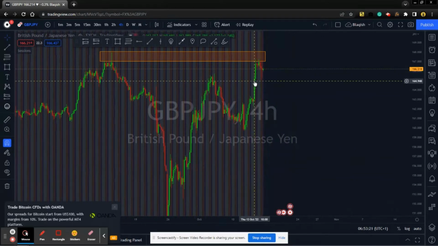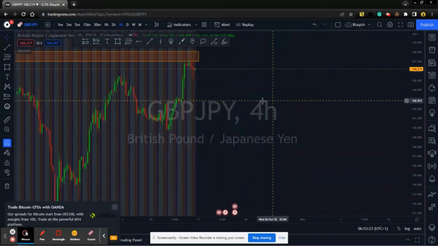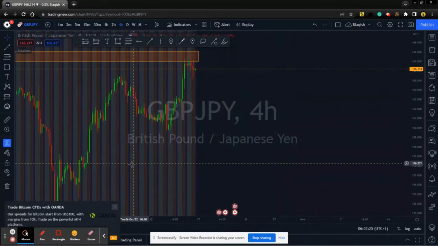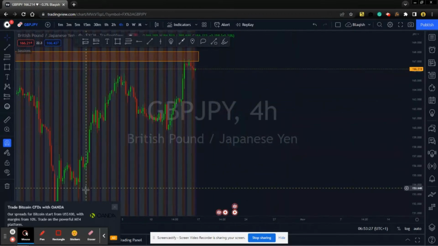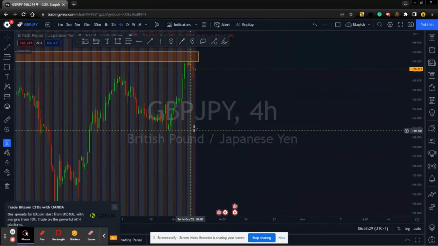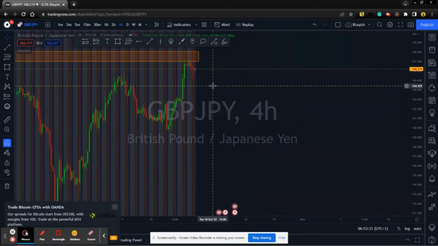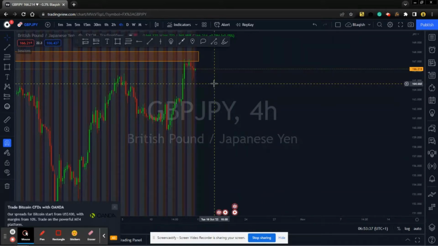Because the GJ market is going up, if you are looking for sells, we are not looking for big moves. We're looking for a little pullback, maybe that will give you 30 to 50 pips on that day.